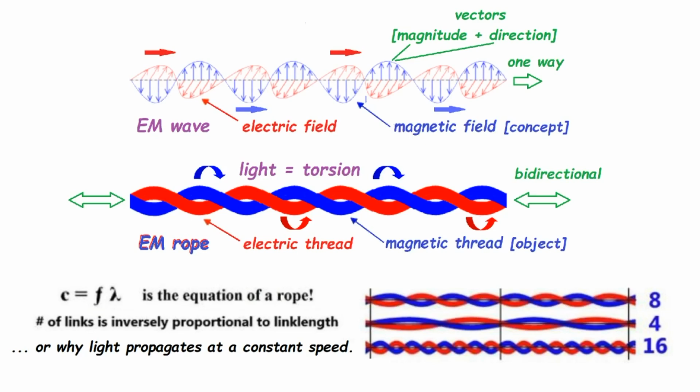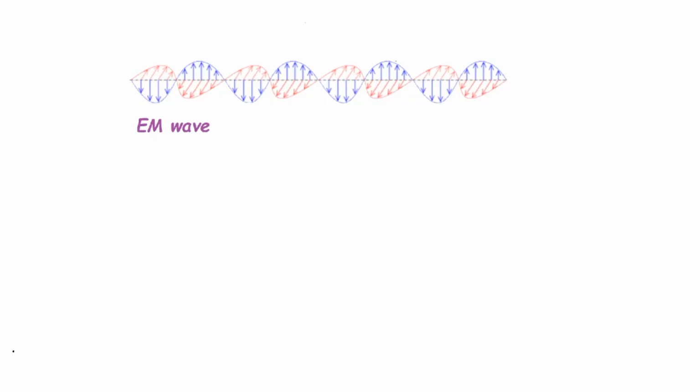You see up on the top the wave, and at the bottom what we propose. Let's go through this and find out what it's all about. So here we have the transverse wave, and what are you staring at? Well, you're staring at a bunch of vectors.